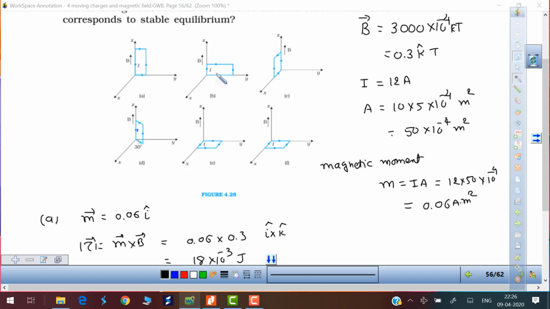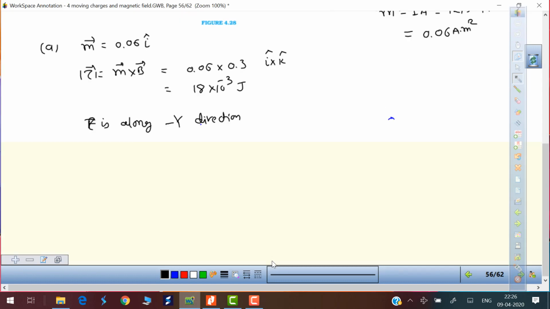First case and second, there is not any difference at all, just the orientation of the coil is different. Here length and breadth change. So not much change. So B is as above only. Along the negative Y direction also.